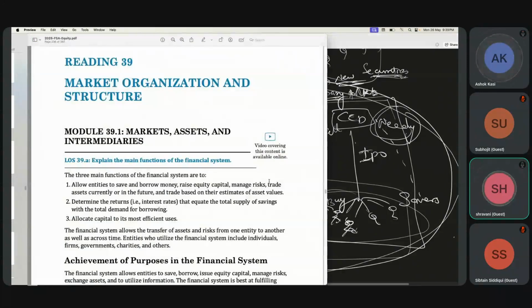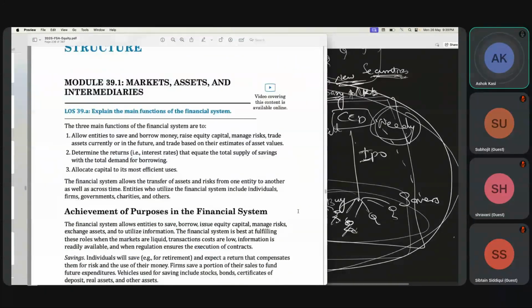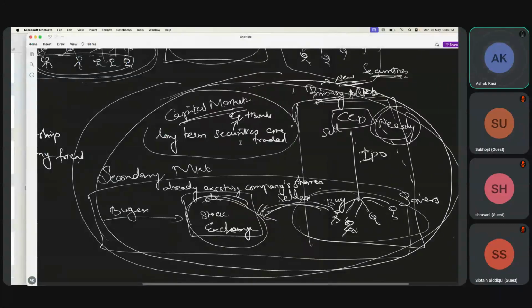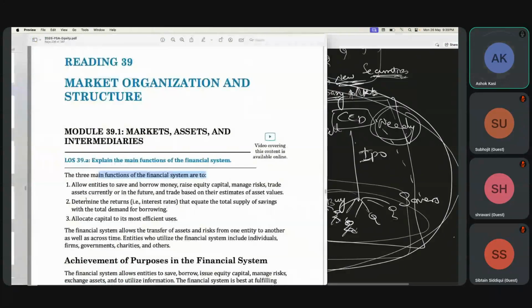So this is what I was explaining: the three functions of the financial system. Together, all this network is called the financial system. It allows entities to save and borrow money, and determines the return.